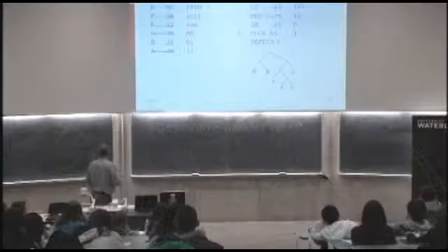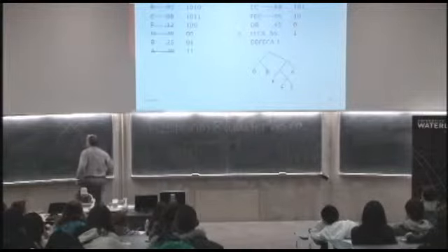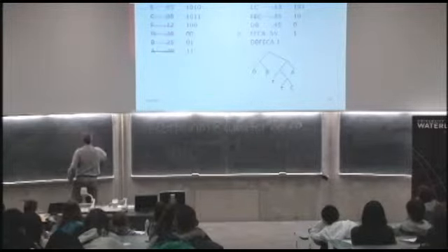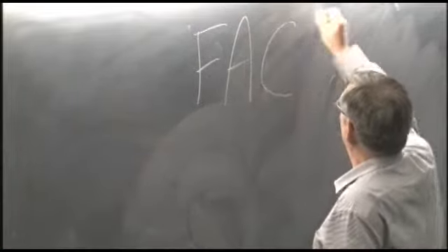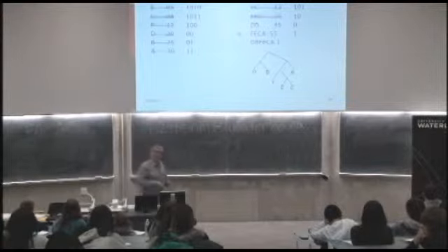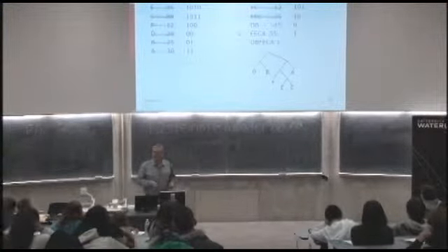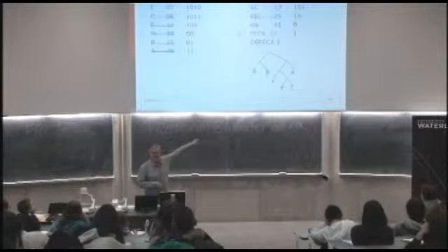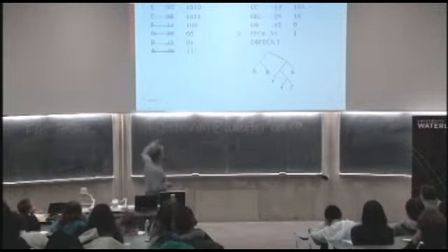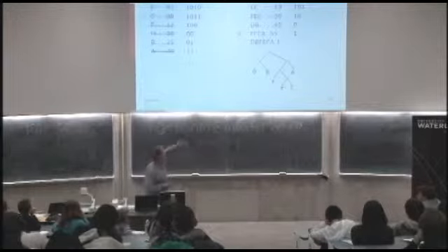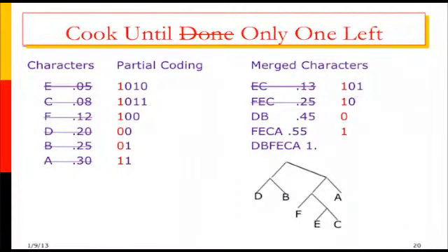And now let me just do a small example, and you'll see an example later. So if I had the word face, then I wanted to represent that in this code. Now, by the way, that's got one of each of 4 characters, so this isn't going to be the greatest way to represent face, but if it was some long thing I wanted to represent with very few E's and lots of A's, then it probably would be good.